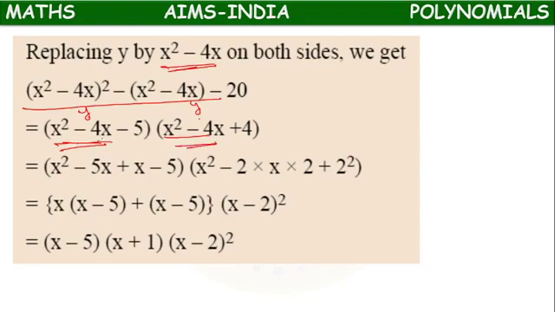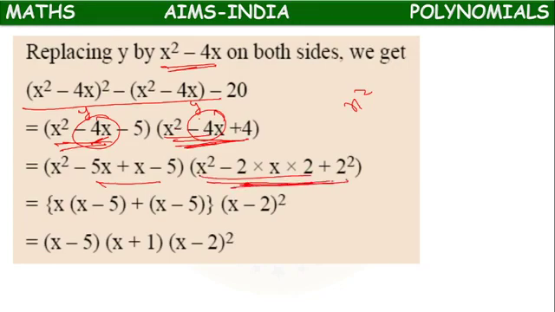Again, this middle term can be split into 2 terms. Or for this one, we can write the direct formula. It is in the form a square minus 2ab plus b square. So this one we can take common and 2 factors will come.